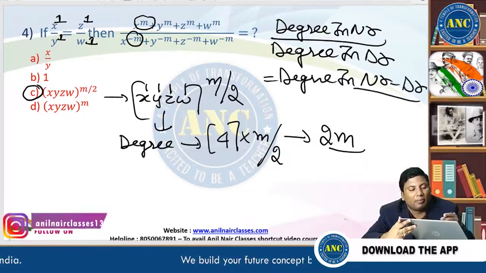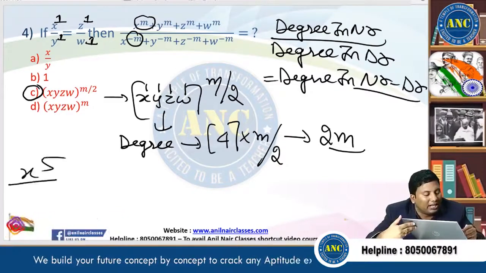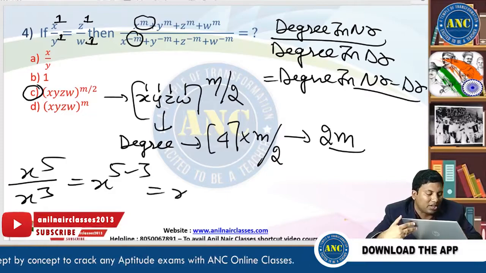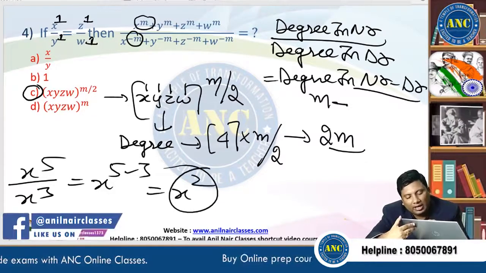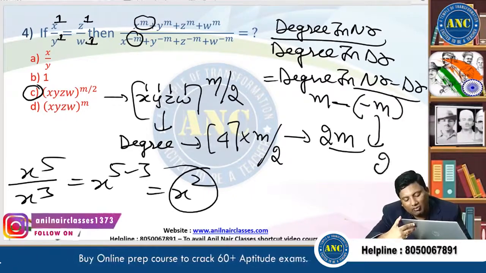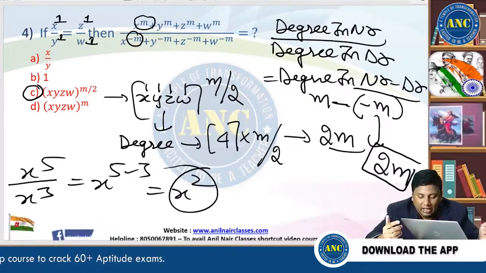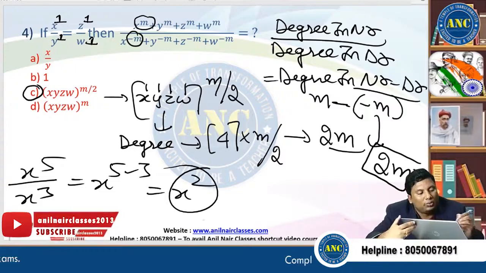Am I right? If the degree in the numerator is 5 and if the degree in the denominator is 3, what is happening? Eventually it is becoming subtraction. 5 minus 3 is 2. So here it is m minus, denominator it is minus m. M minus of minus m is 2m. Quotient degree it should be 2m. Answer also it should be 2m.